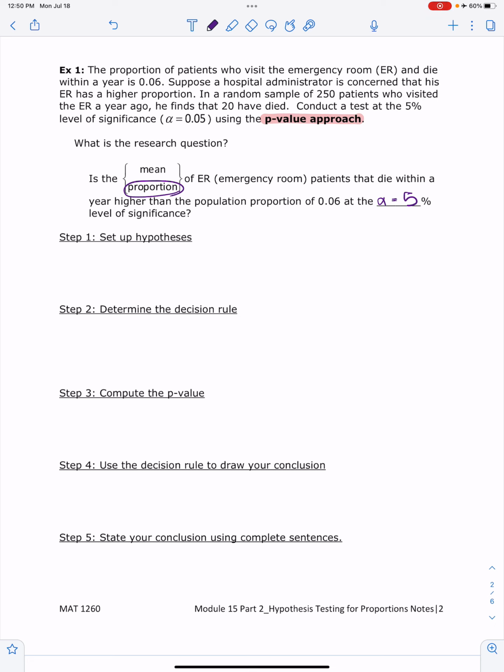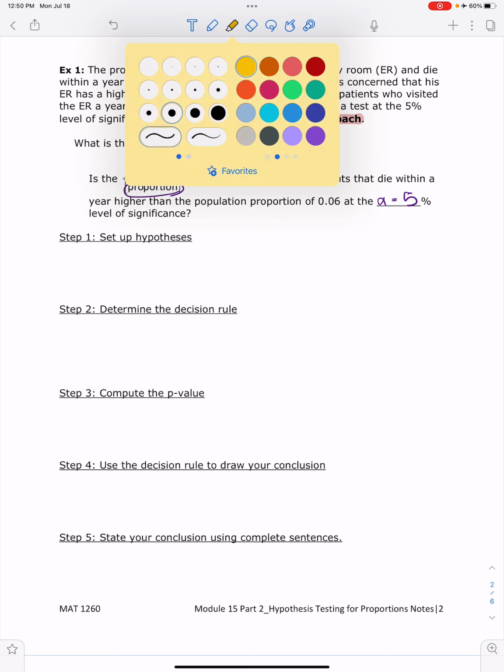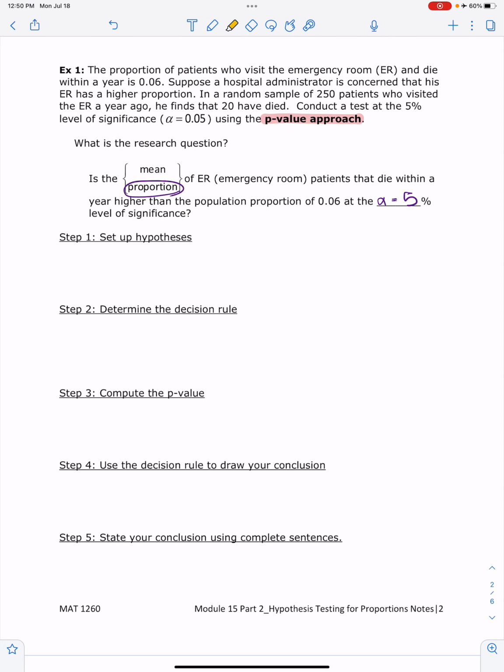First thing we're going to do is set up our hypotheses. So let's take a look at the information that we have. Here's our population proportion, so that's what we're comparing to. We want to know if his ER has a higher proportion.